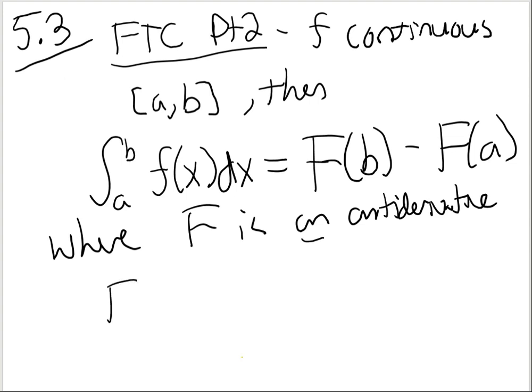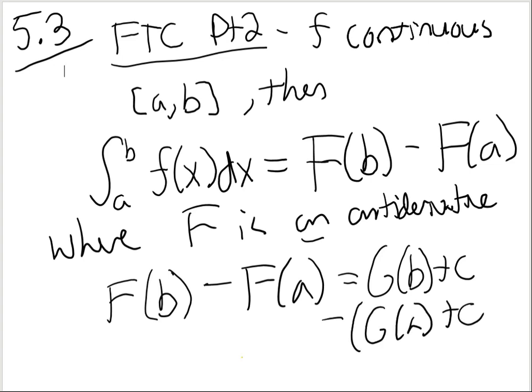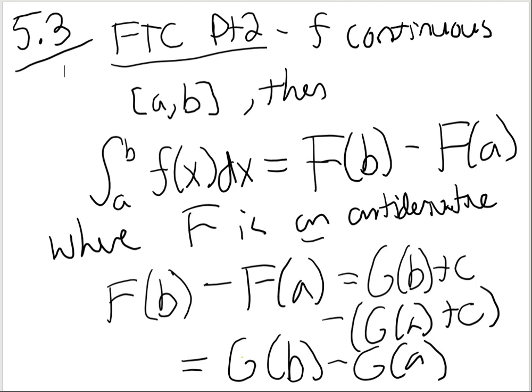Well, F of b minus F of a, using g of b plus c minus g of a plus c, after you distribute the negative, is g of b minus g of a, because the c's cancel.